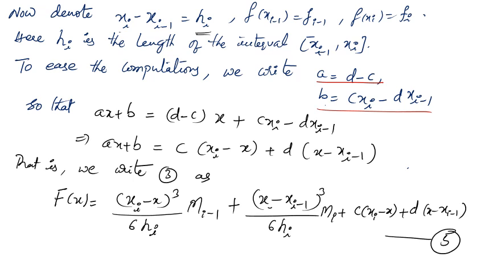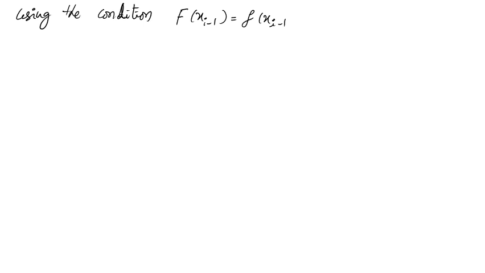Now using the first continuity condition, f of x_{i-1} equals f_{i-1}, in equation 5 put x equal to x_{i-1}.